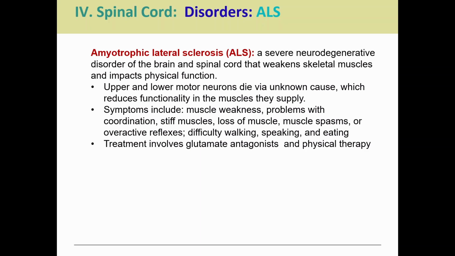And so that's usually the thing that takes ALS patients in the end, is the motor neurons that communicate with the diaphragm do not work anymore. The diaphragm can no longer be controlled, and so the person's breathing can no longer be controlled either, and so they go into respiratory failure.